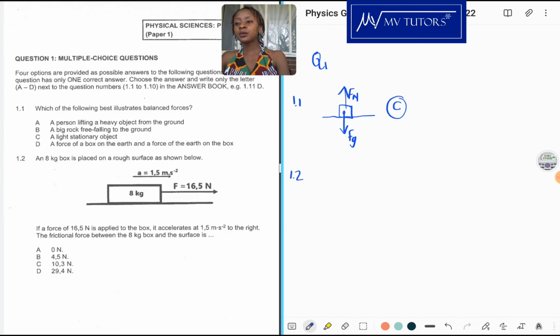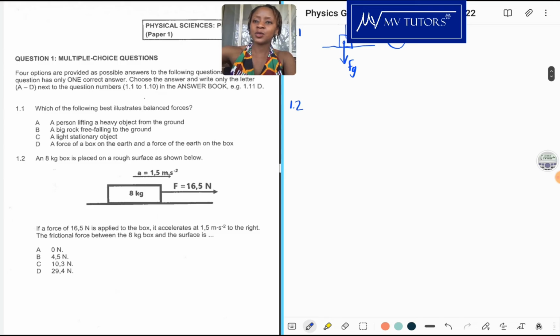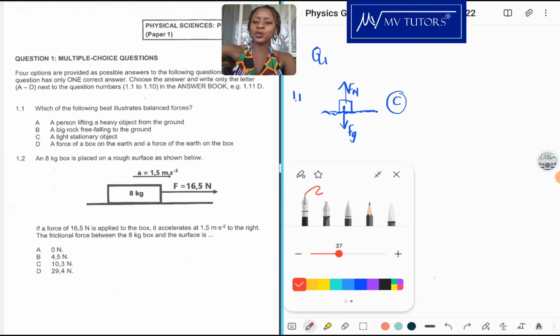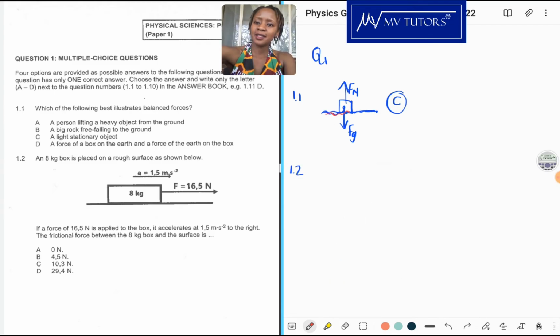And then 1.2, an 8 kg box is placed on a rough surface as shown below. Okay, so assuming that this is the 8 kg, since I have a sketch already, and then we have an applied force. Let me just use a different colored pen to show that I'm doing question 2 using question 1's sketch.